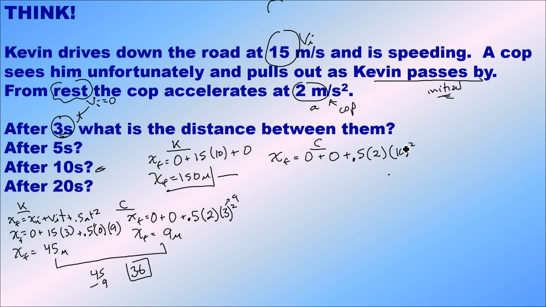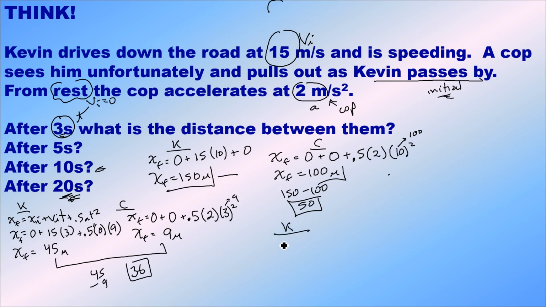So 10 squared is 100, and then he will have traveled 100 meters. So what's the distance between them? Well, 150 minus 100, 50 meters.